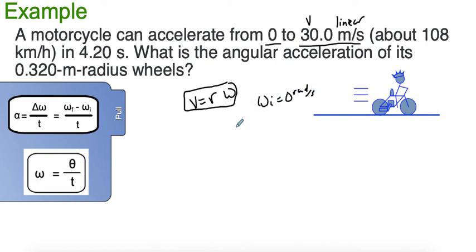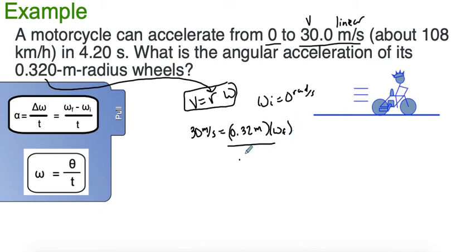And the final, it's going to take a little bit more work, but we have 30 meters per second, and then we have that radius. Remember, that's what that is, so that 0.32 goes in there. So 0.32 meters times angular velocity. We can call that final if we want to.